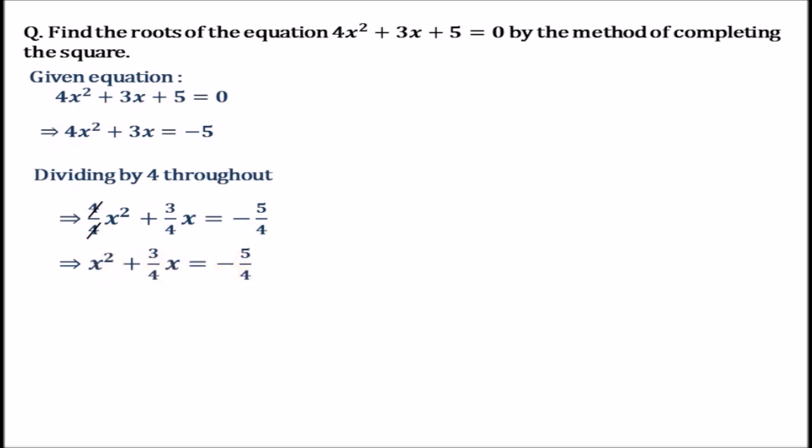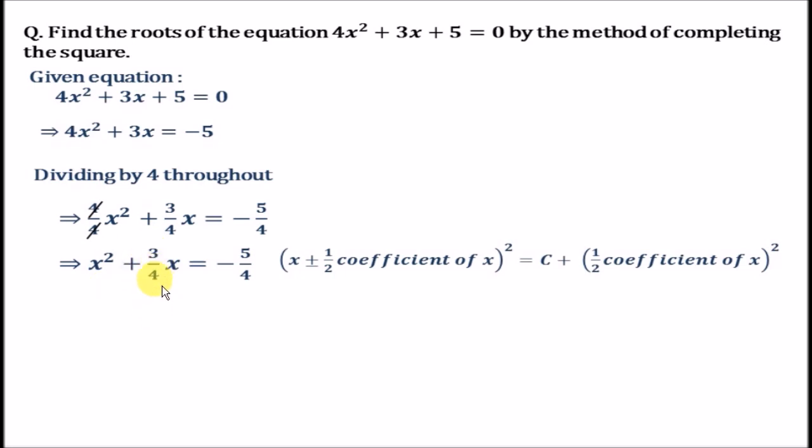Now we will apply the identity: x plus or minus half into coefficient of x, whole square, equals to constant c plus half into coefficient of x, whole square. Here the coefficient of x is 3 by 4 and the sign is positive, plus.